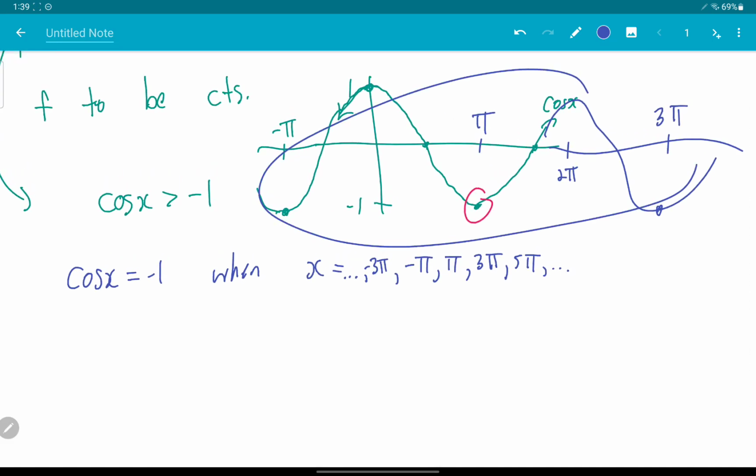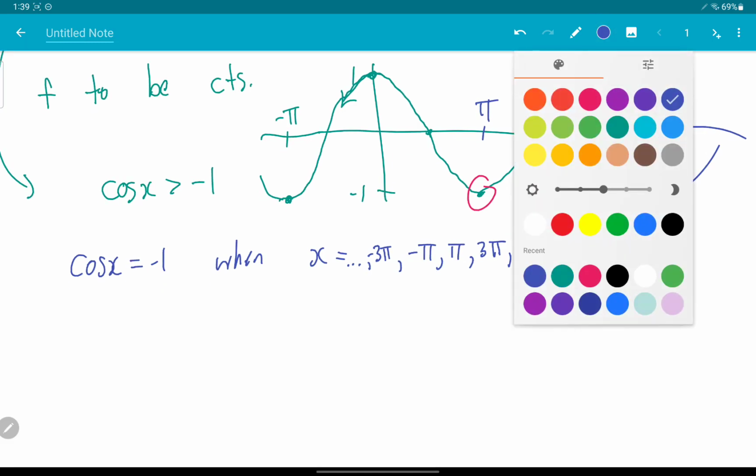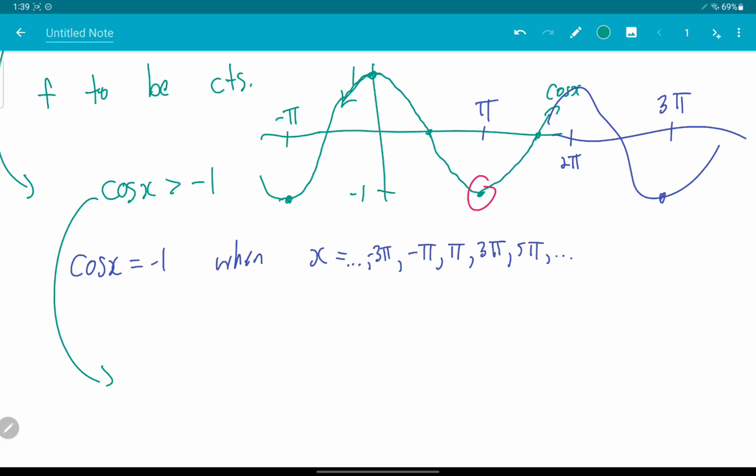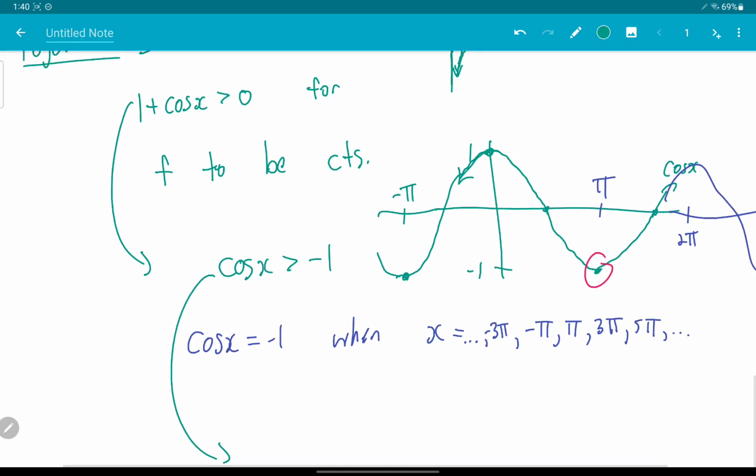And looking at the graph here, I can see that otherwise cos x will be bigger than -1. So as long as x is not one of these guys, I'm going to have cos x bigger than -1, and I'm going to have f is continuous.